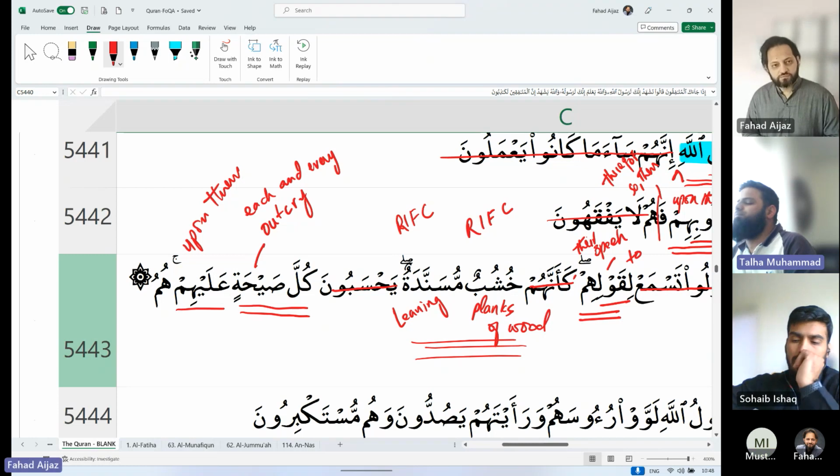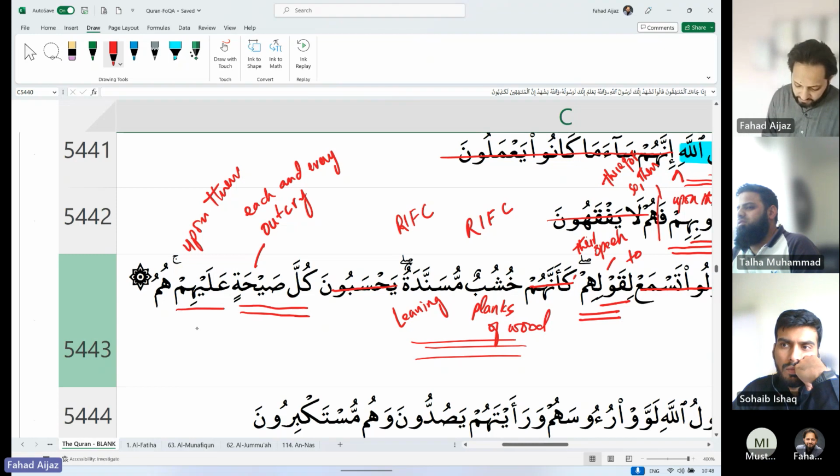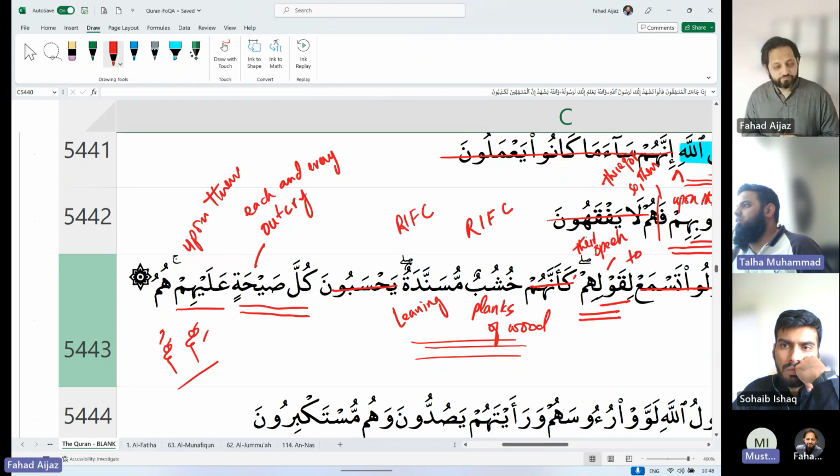Absolutely correct. And just a reminder, him or whom, they both are attached forms too. They both can be nasab or jar depending upon how they are used. In this case, they're used after harf of jar, so they are jar.